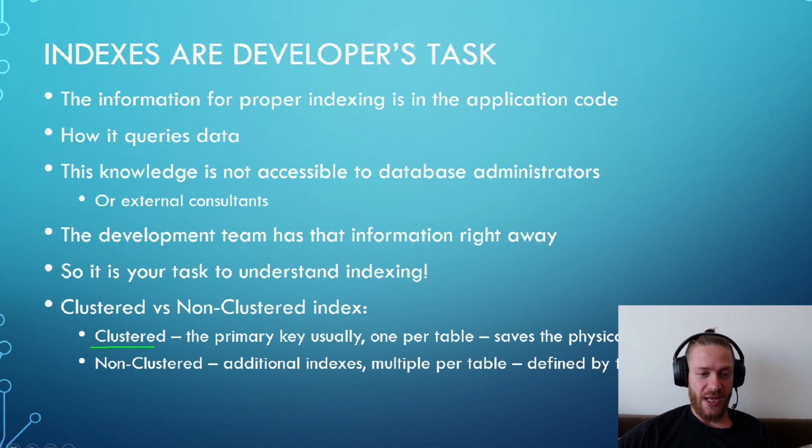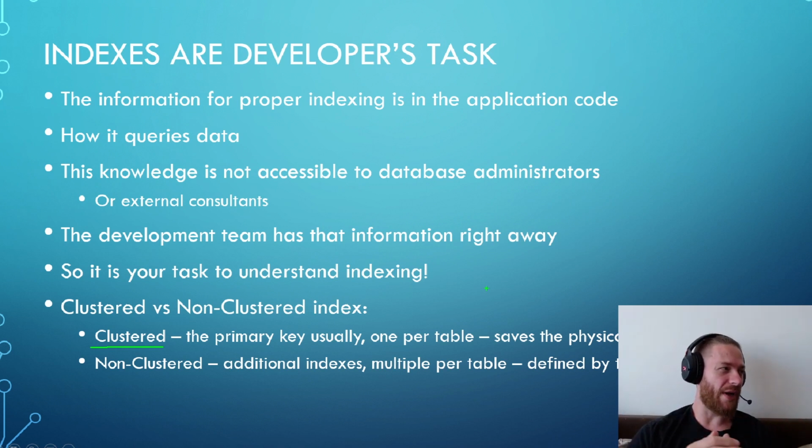The clustered index is how the database is storing your data in the actual physical order. By default, a clustered index in SQL Server is the primary key, but you can customize that. Every time you create a primary key, essentially you create a clustered index. This is the initial order of the table.